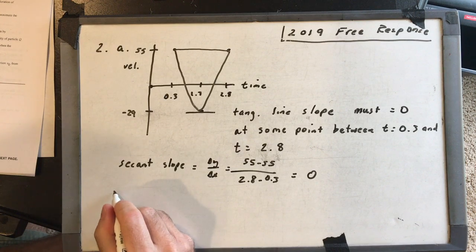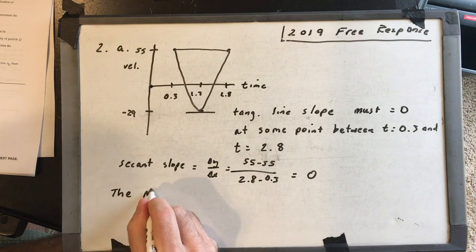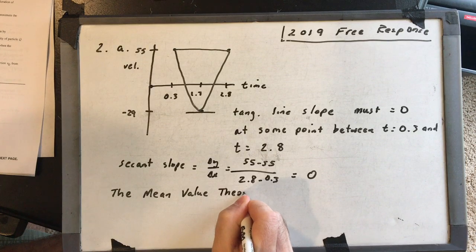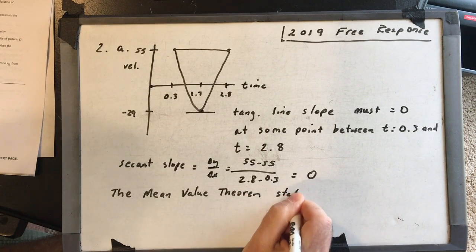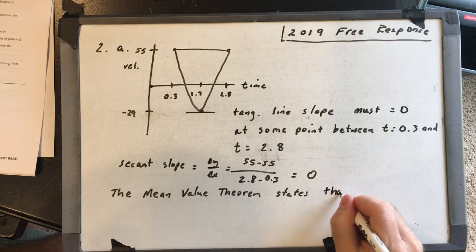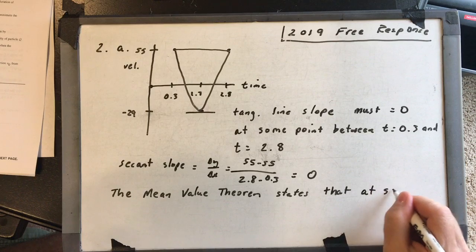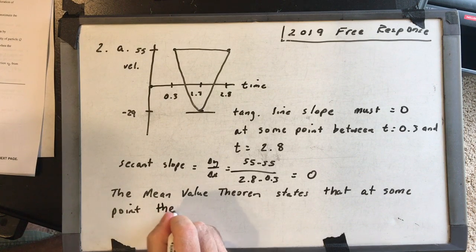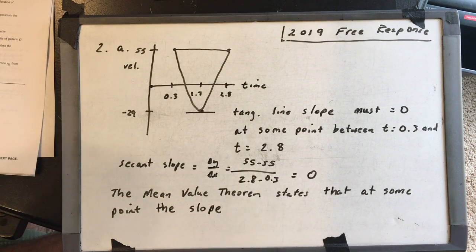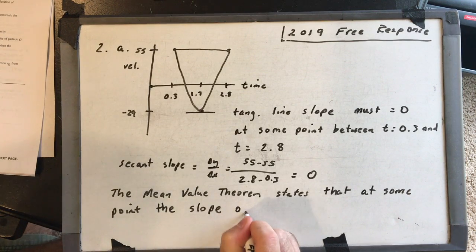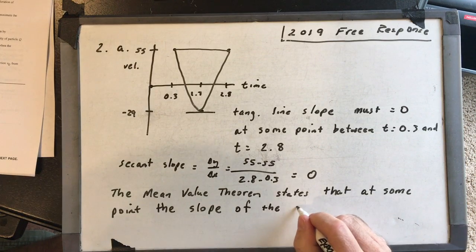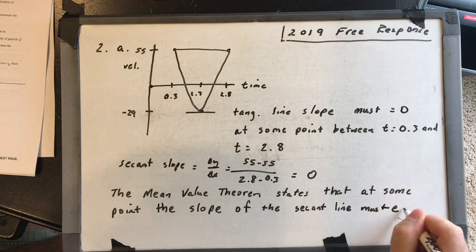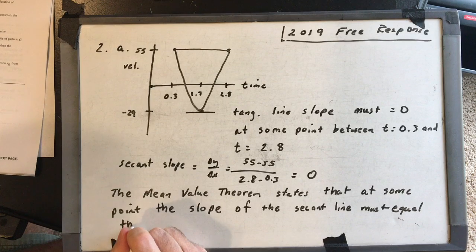So your justification would be the mean value theorem states that at some point the slope of the secant line must equal the slope of the tangent line.